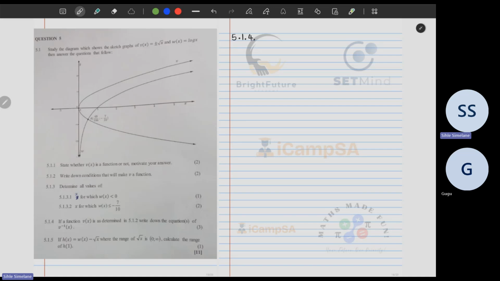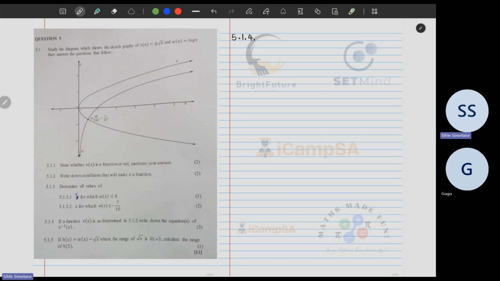5.1.4, that is v of x is determined. If v of x is as determined in 5.1.2, write down the equation of the inverse. Okay, so now we need to think carefully of the decision we took there.